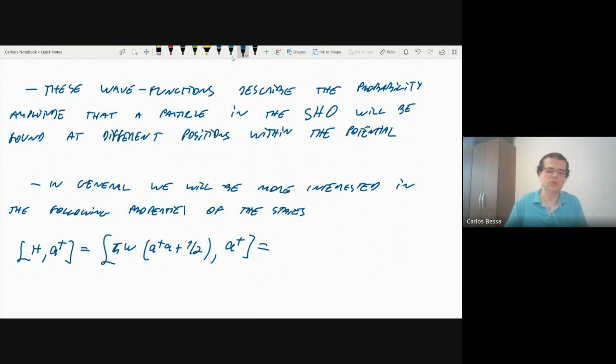This is just a constant, okay? So it can go outside the commutator. The commutator of A with this first term, A dagger A, with A dagger, plus h bar omega over 2 times the commutator of 1 with A dagger. This is, of course, 0 because this is just a number or the identity matrix.